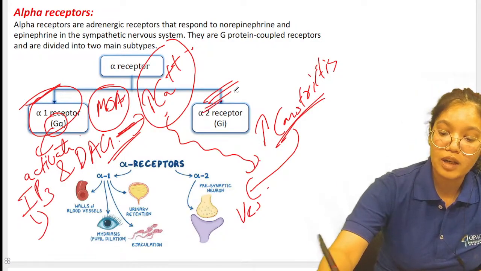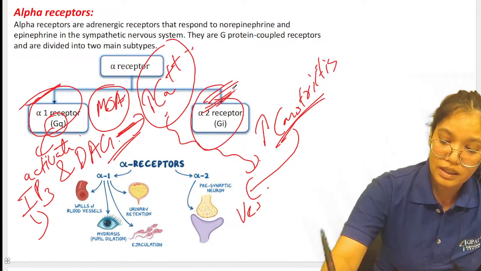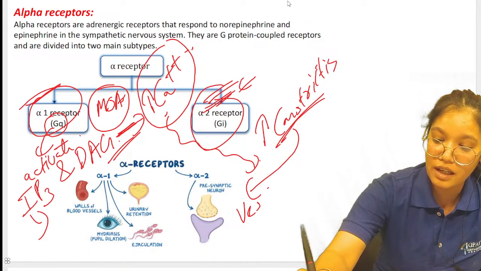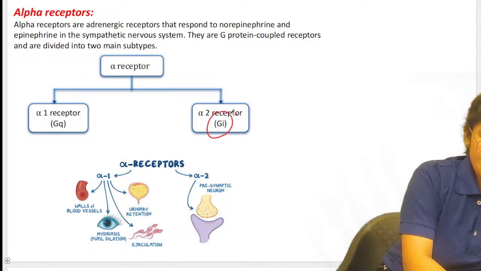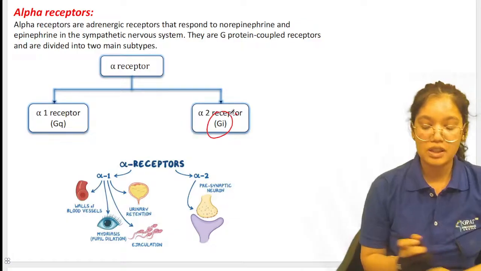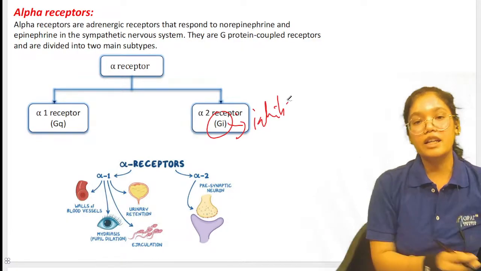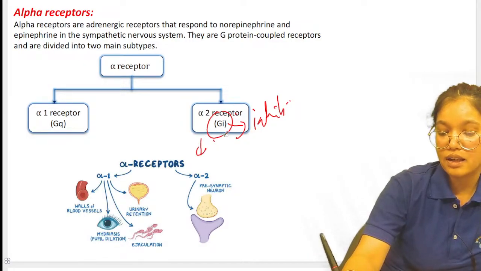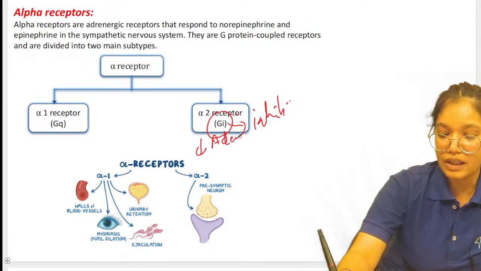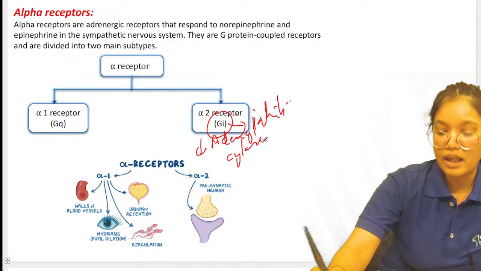Then talking about the alpha 2 receptor, the mechanism of action is that it is a Gi coupled receptor. Here the i means inhibitory, so it has an inhibitory action. Basically it will decrease the adenyl cyclase enzyme.